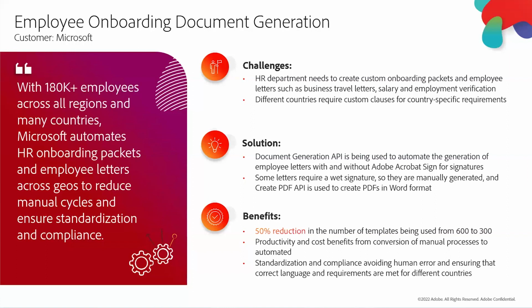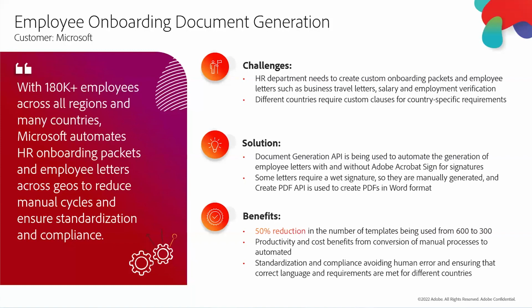When they started using Adobe Document Cloud APIs, especially the document generation APIs, they were able to create documents for travel letters, salary, employment verification, onboarding letters, and also needed to ensure that clauses of country specific requirements were created, right? So the solution that they used was our generation APIs, which they create a document out of and then send these same documents for signing.